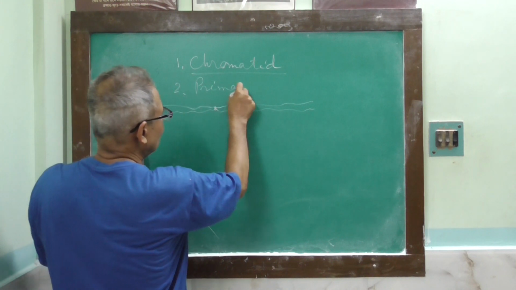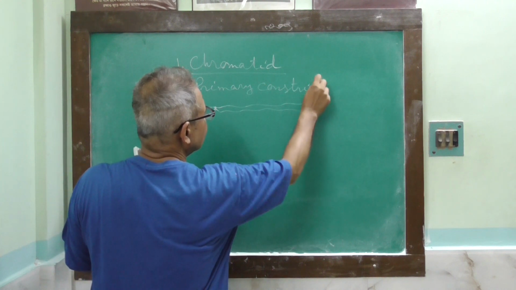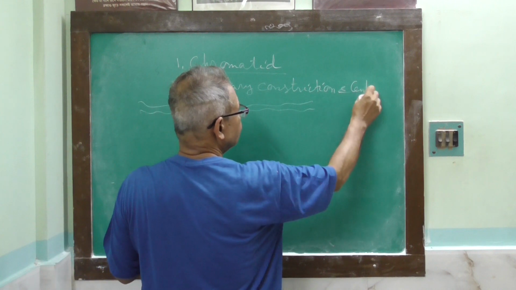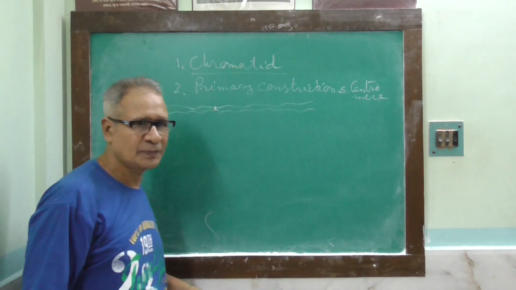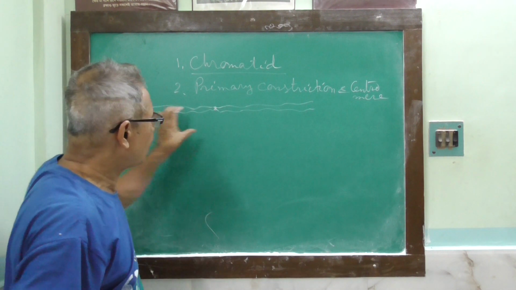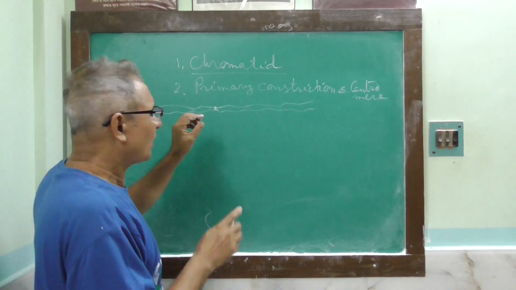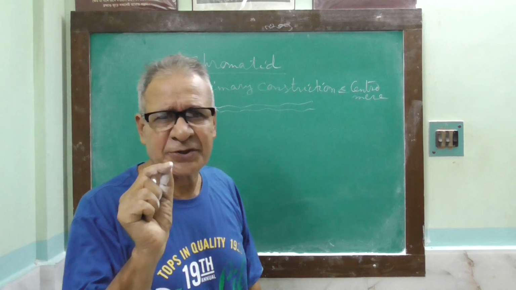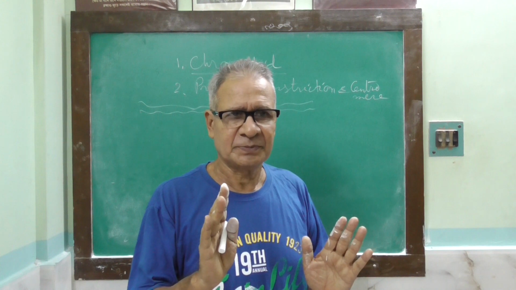Primary constriction and centromere. Along the length of the chromosome, the small region where the centromere is present is the primary constriction.